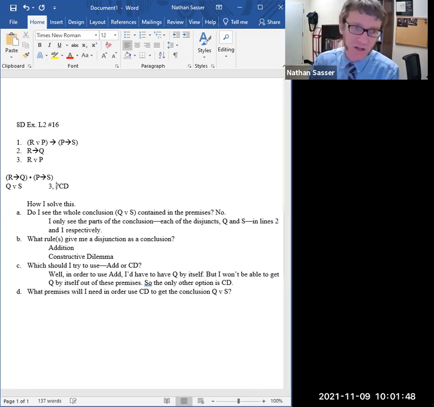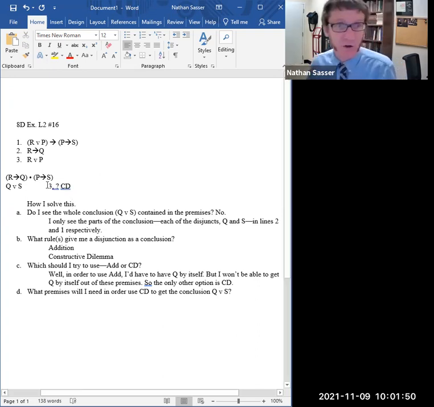So I'm going to put the justification down here, the part that I figured out. I know I'm going to need premise 3 to use constructive dilemma, and I know I'm going to need this big conjunction premise. Now, my next question is, how am I going to get this big conjunction premise? What rule will give me a conjunction as the conclusion?